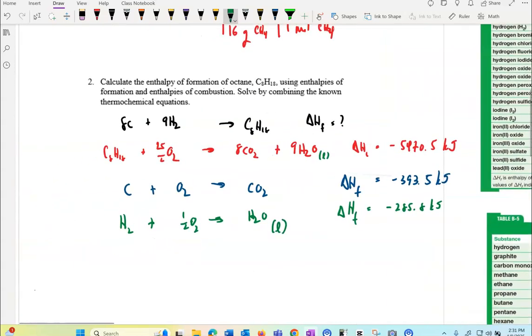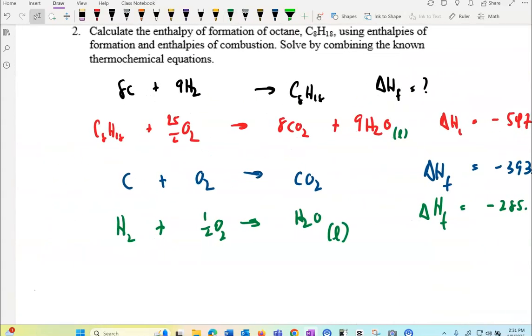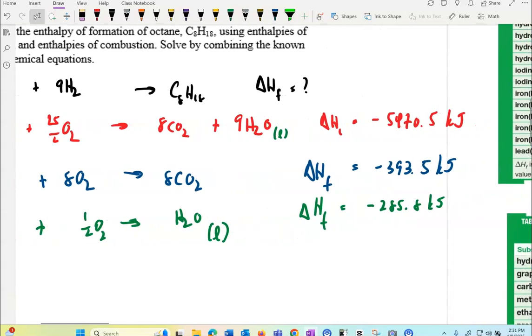All right, we've got all the information we need. What we're going to do is make everything in our step equations look like our target equation. So I'm going to take this 8 carbons, I'm going to multiply everything in this equation by 8. And that means I'm going to take the energy and multiply that by 8 as well. This becomes negative 3,148 kilojoules.